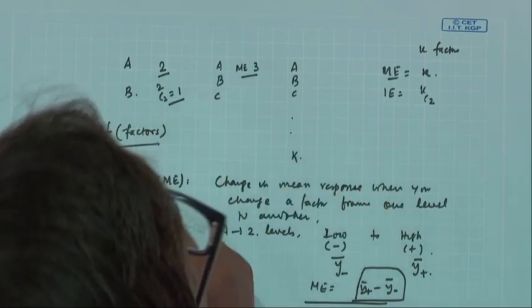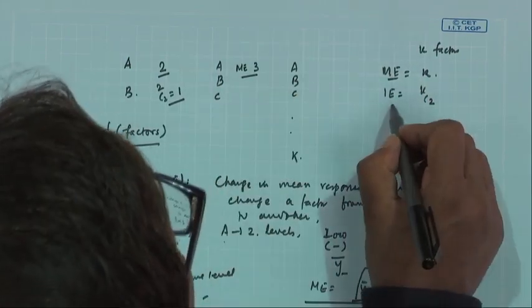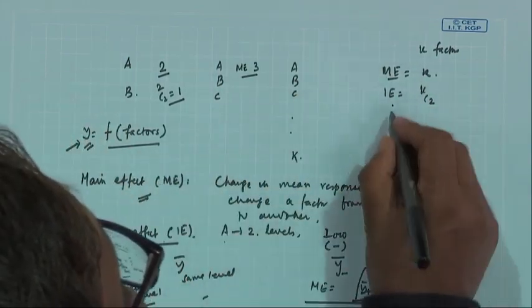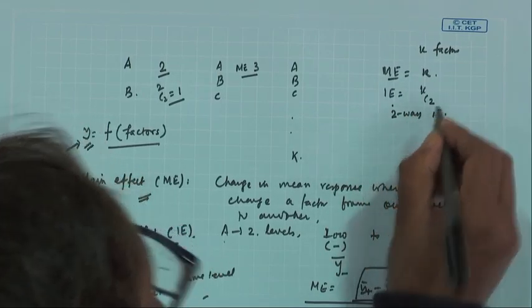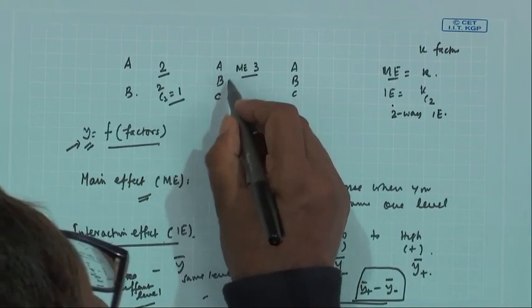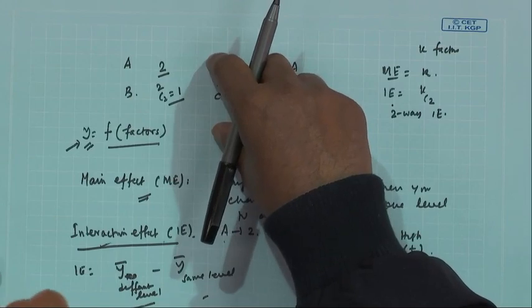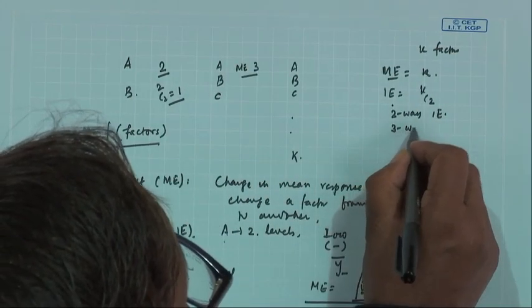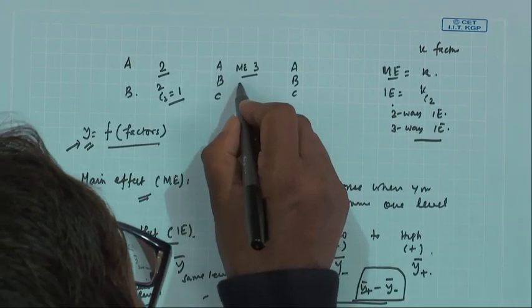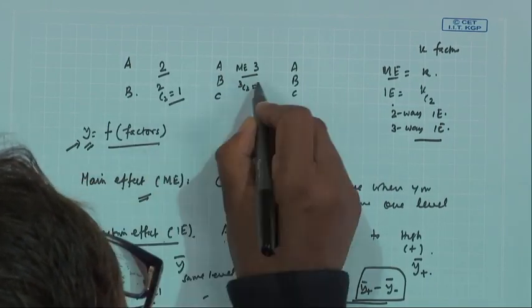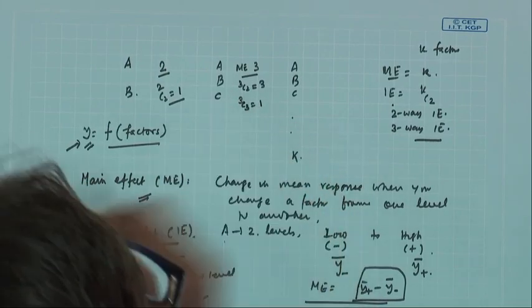Then you have another concept in interaction effects: two-way interactions and three-way interactions. As there are 3 factors, every 2 factors will be interacting, and all 3 factors will be interacting simultaneously. So, 2-way interactions means 3 C 2, it will be 3, and 3-way interaction 3 C 3, it will be 1.